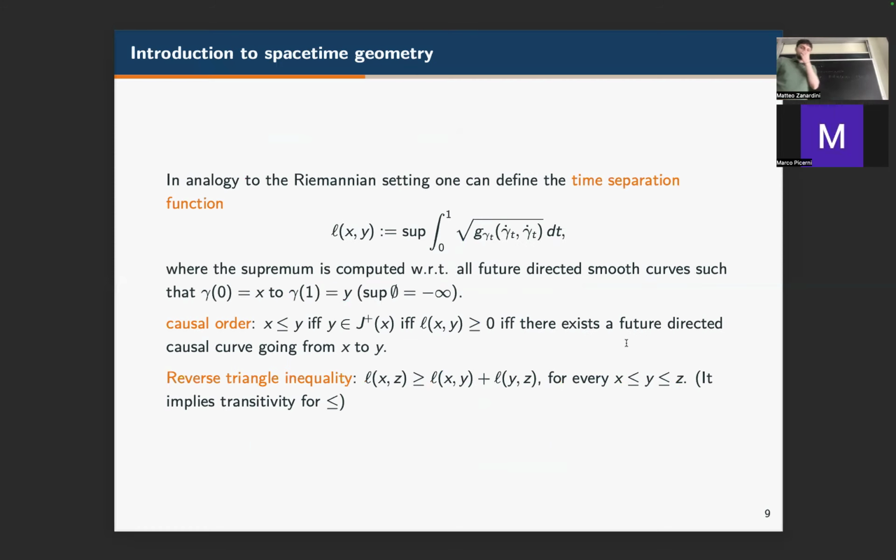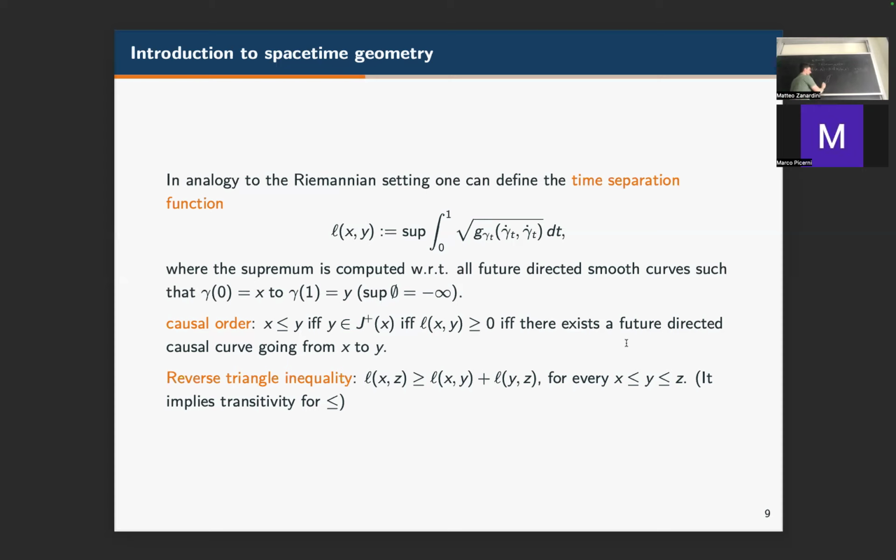Now I want to define what the time separation function is. This is done in analogy with the distance function in a Riemannian manifold, when you take two points, x and y, and you consider the variational problem that supremizes, among all future directed smooth curves that connect x to y. There are two points, x and y, and you have many future directed curves that connect x to y.